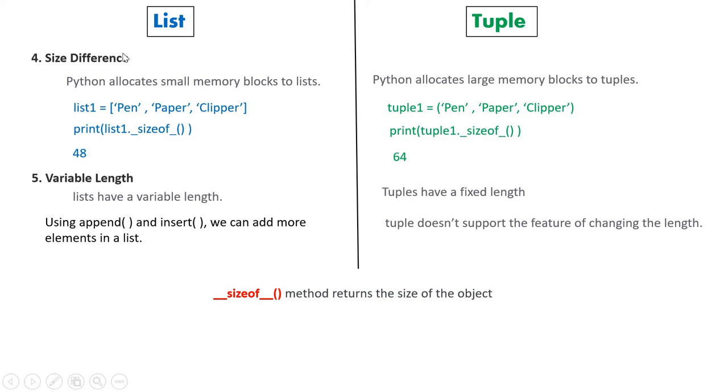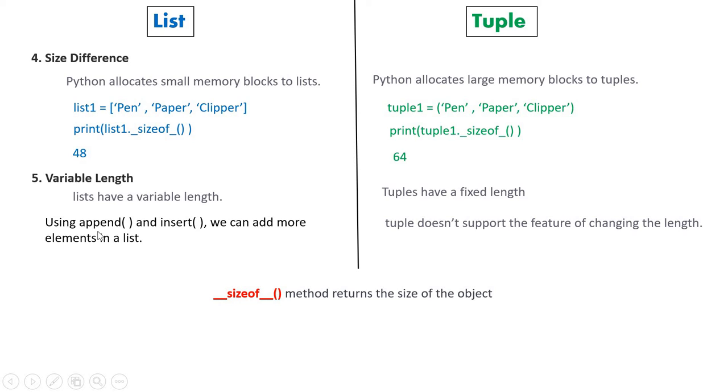But in case of a list, we can append and change the size of the list. If we have created a tuple, it will stay fixed, right? You cannot change the size. But in case of a list, you can upgrade it, you can add more elements, but in the end the size of the list will be greater than the size of the tuple because it has variable length.